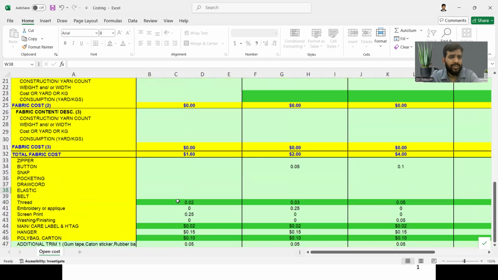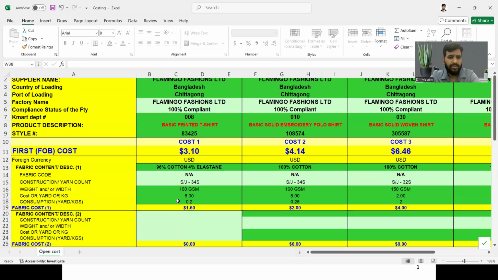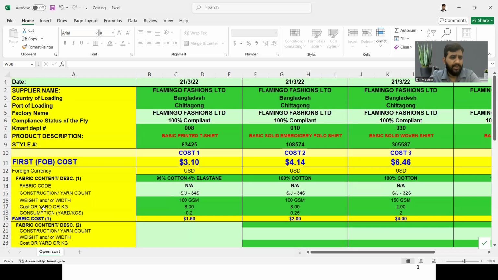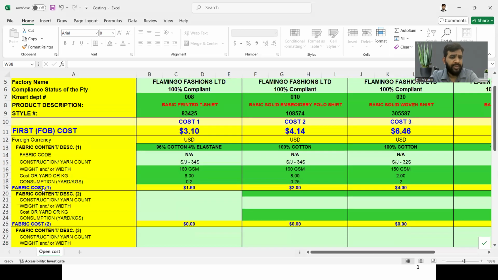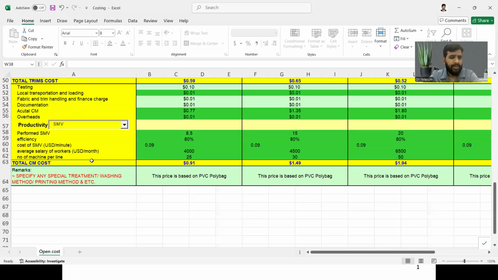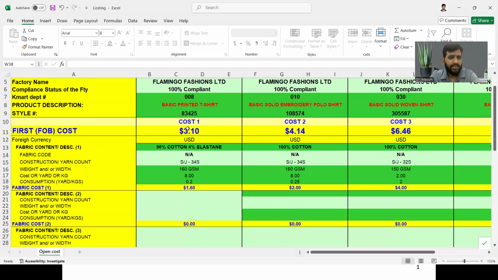So these are the three components of a cost sheet that today's merchandisers are using in day-to-day operations to calculate the costing. And fabric cost, trims cost, and CM cost altogether are known as the FOB cost in our literature.